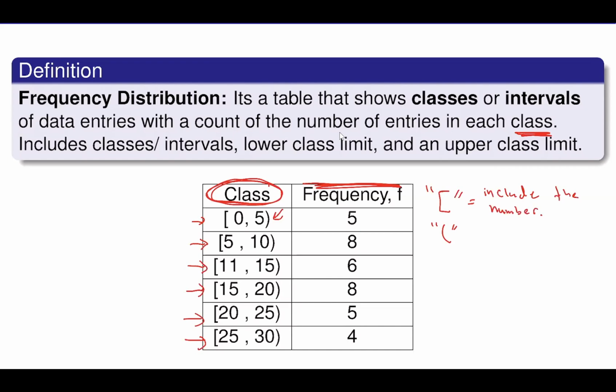That's what the bracket is telling us. If you look at the first one, it says bracket 0, 5. The bracket is telling me I include 0 in this interval. What the parentheses tell me is to not include the number.